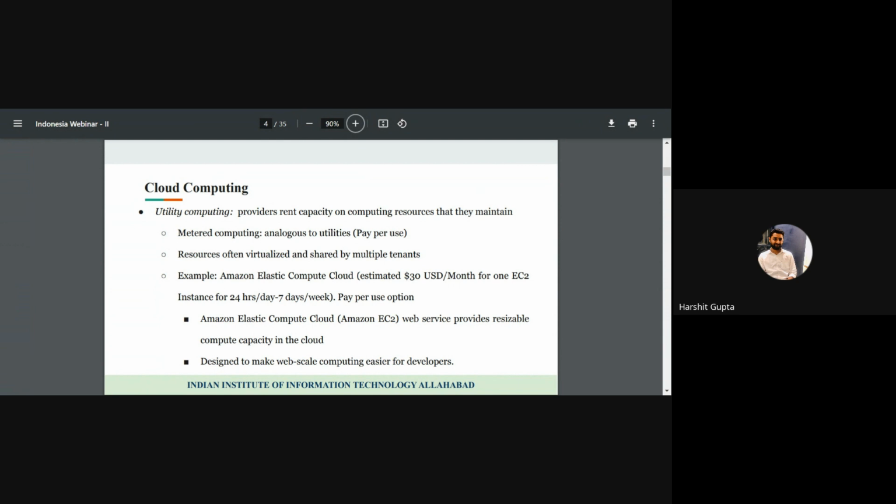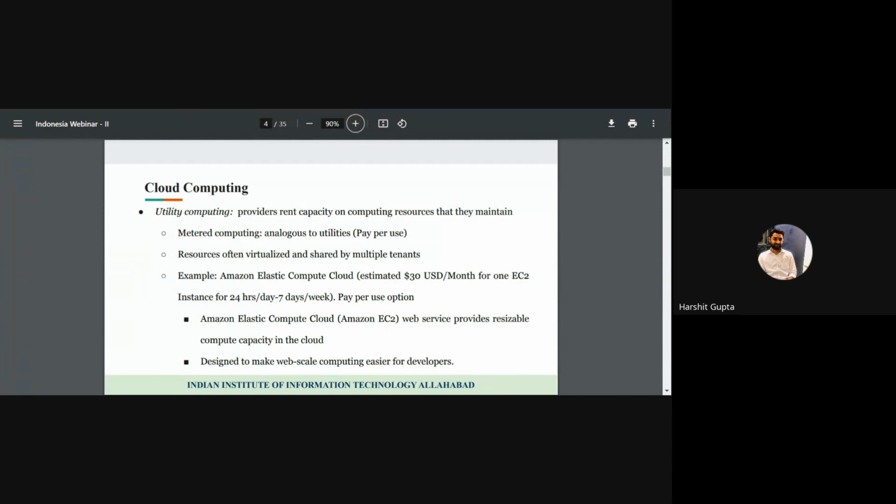Like if we want to process some large data, then we may take this service from Amazon, and for that we will pay. The estimated value given here is $30 USD per month. This is not the actual value, but this kind of prices are provided by Amazon for their multiple kinds of services, which we can pay and buy.